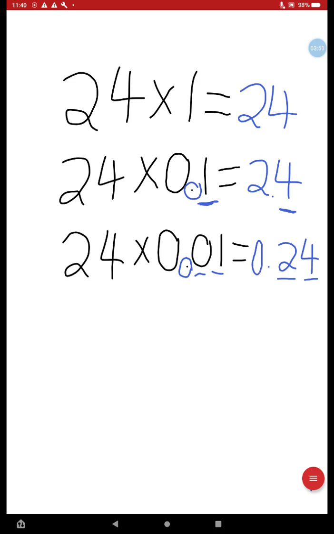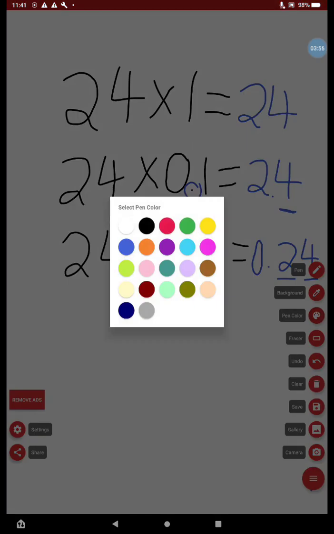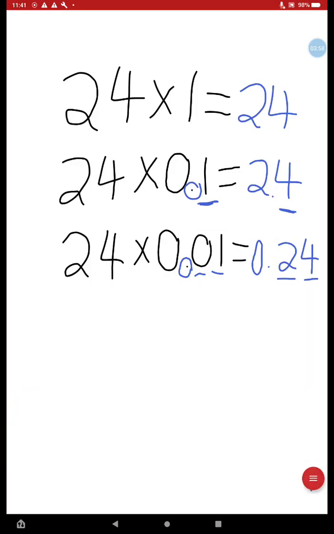Okay? So what pattern did you notice in these 3 problems? Well, they all had a 24 in the problem, and they all had it multiplied by 1. All of the answers had a 2 and a 4. The only difference was, where's the decimal point? On this one, technically the decimal point's right here.